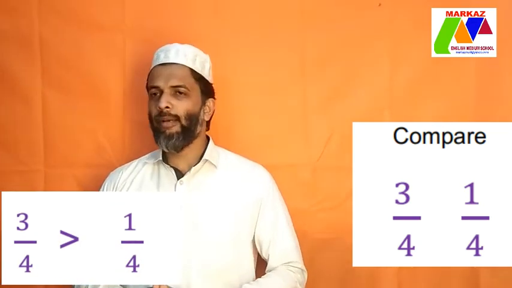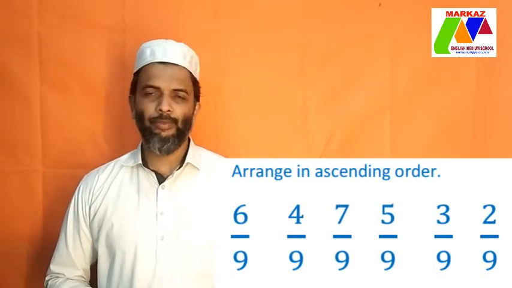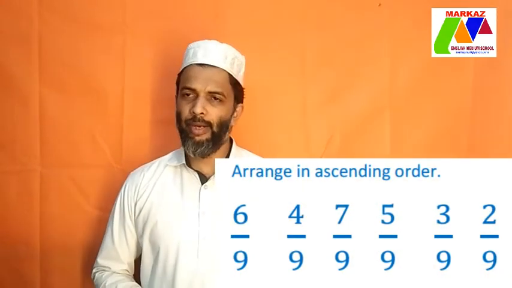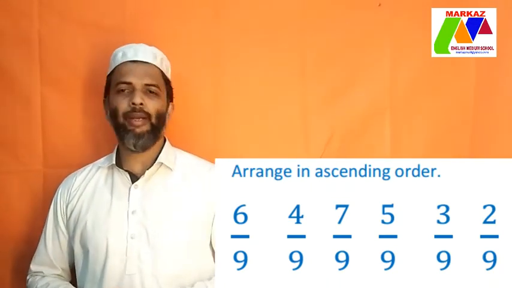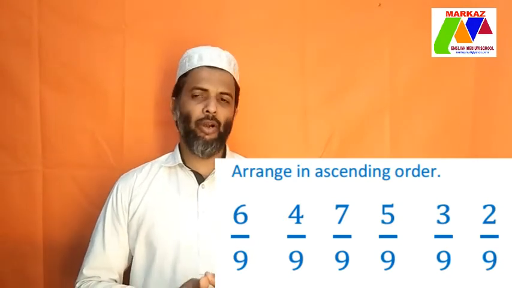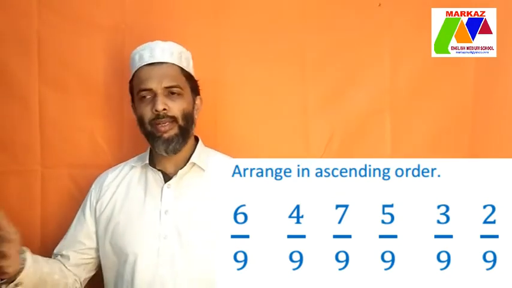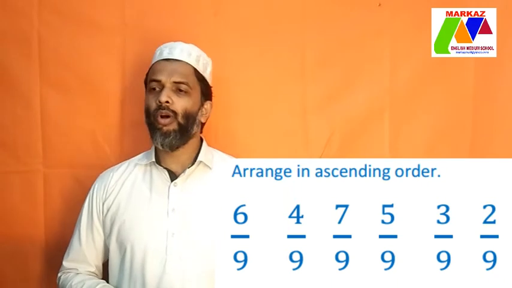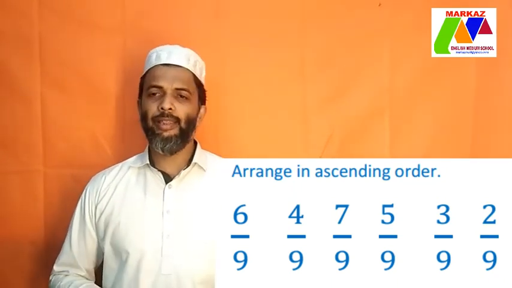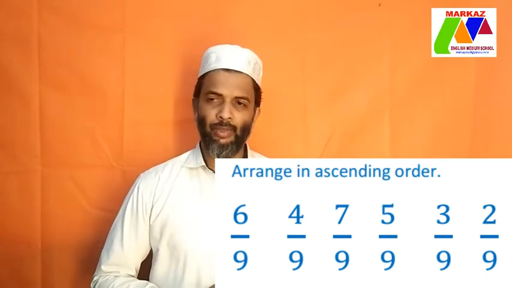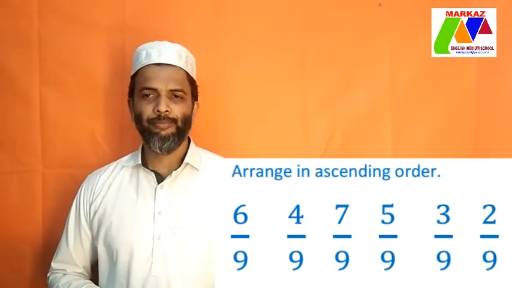Now let us arrange some like fractions in ascending and descending order. Write the question. Arrange in ascending order: 6 by 9, 4 by 9, 7 by 9, 5 by 9, 3 by 9 and 2 by 9. Ascending order means smallest number to greatest number. So arrange these 6 fractions in ascending order. In this given set of fractions, which is smallest one?